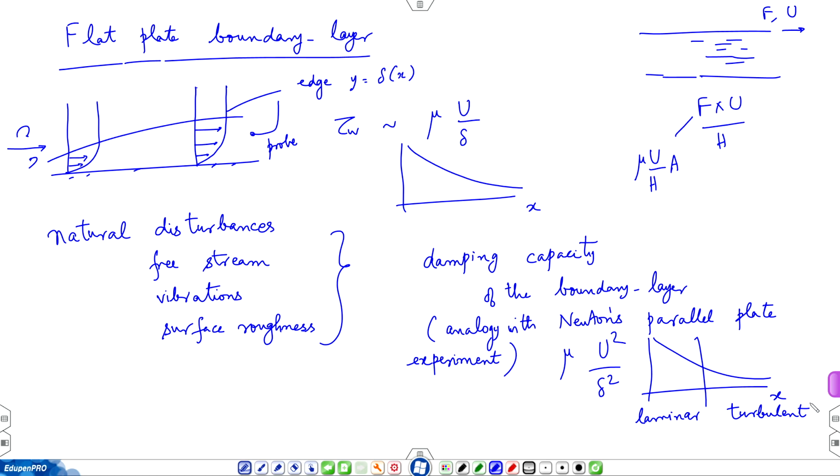So, what is the consequence of having turbulent fluctuations in the boundary layer? So, these fluctuations will mix up the fluid. We have discussed how mixing of the fluid tends to make pressure uniform. So, here mixing of the fluid will tend to make the velocity profile uniform.